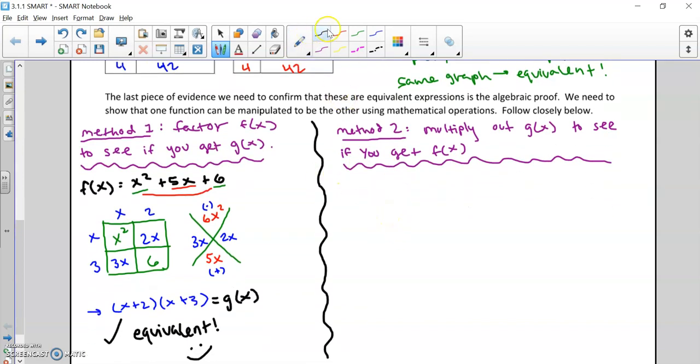So recall that our original that we're working with then is this. Right, it was x plus 2 times x plus 3. Oh, oops. Let's fix this. I meant to write g of x equals x plus 2 times x plus 3. All right, so let's multiply this out and see if we end up with the same thing as f of x.